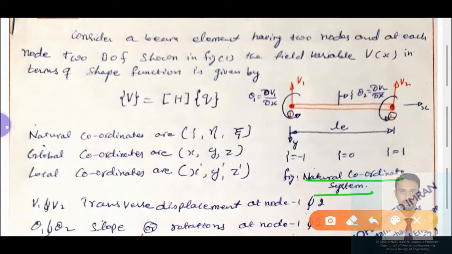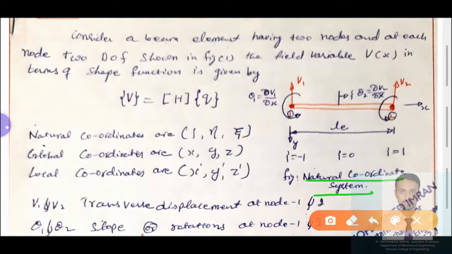That means the considered element dimensions should vary only within unity, plus or minus 1. How we represent natural coordinates, global coordinates and local coordinates in space depends on the analysis we choose to solve the problem or to derive some characteristics of a given problem.